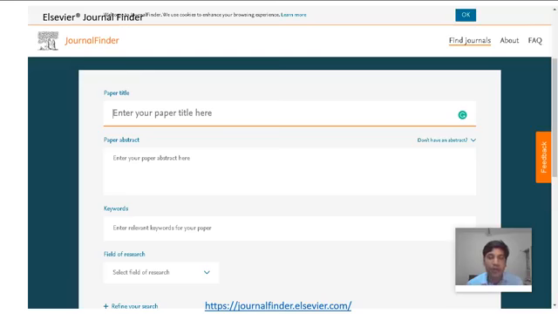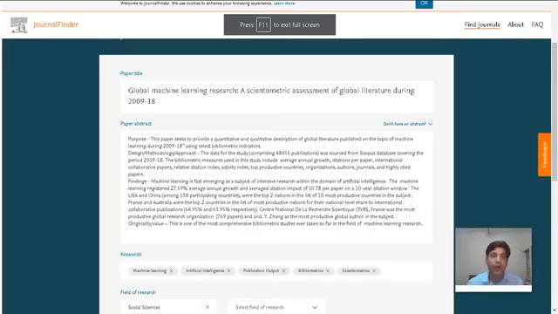And how you can check the right journal for your manuscript using this Journal Finder is, you simply copy the title of your paper and abstract in this box, write the significant keywords of your research paper and select the area of study.